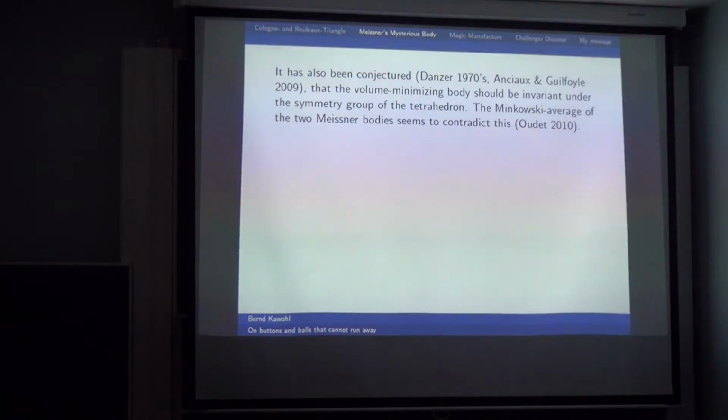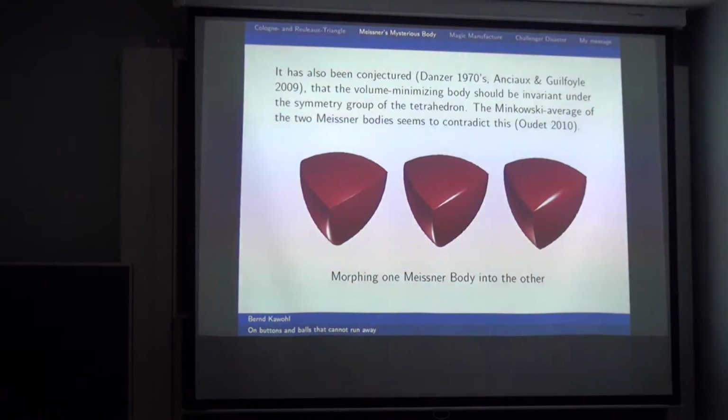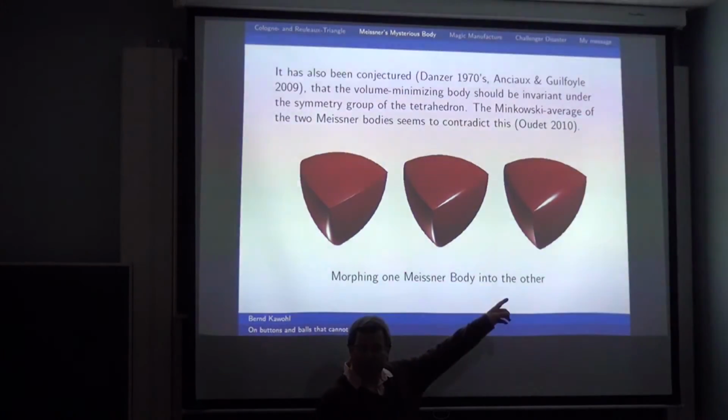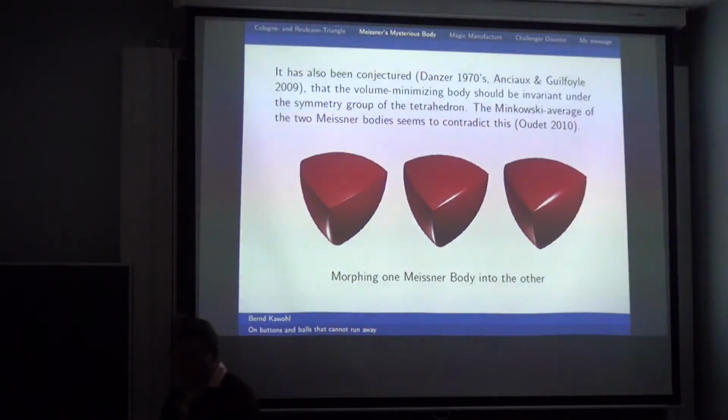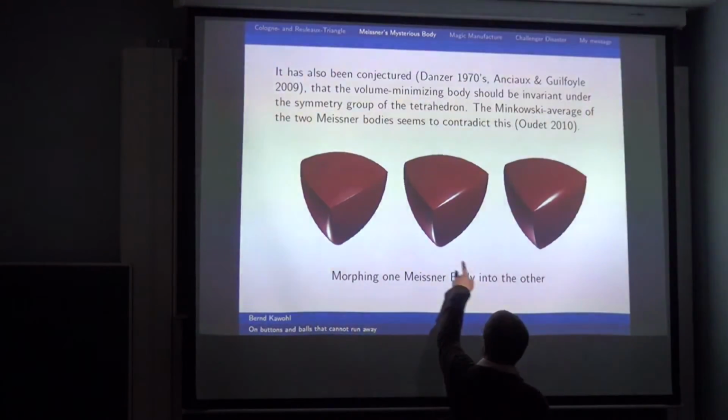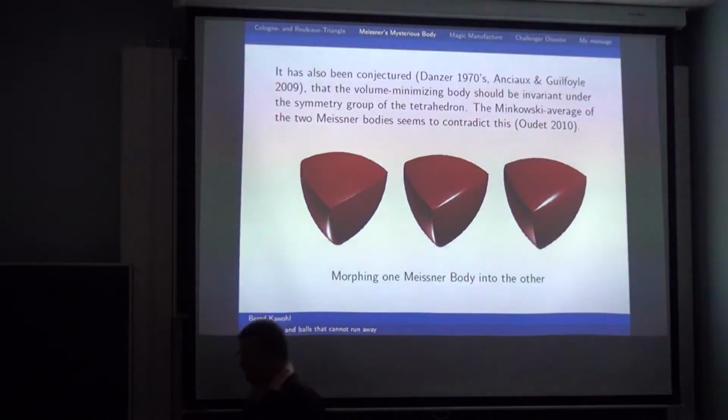But at least if you take the two Meissner bodies and you sort of merge one of them into the other, you take the body halfway between, where here some edges are sharp and some are round, here the other edges are sharp and round, and here all edges have the same amount of roundness. You can show that this volume and that volume is the same, but this body that is more symmetric has a slightly higher volume.